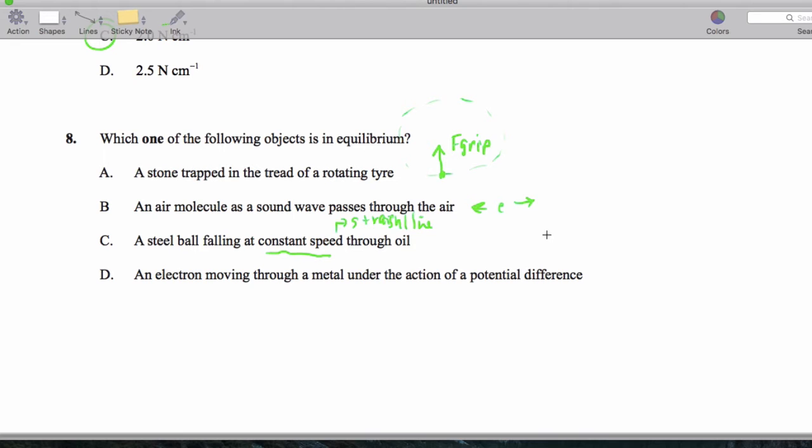So the situation here is that we have mg pulling it down, and then we have a drag force pulling it up. So choice C is absolutely the correct choice. And then choice D, an electron moving through a metal under an action potential difference. Just please keep in mind, on these problems, there's always going to be these weird choices, where your thought is, where's the formula?